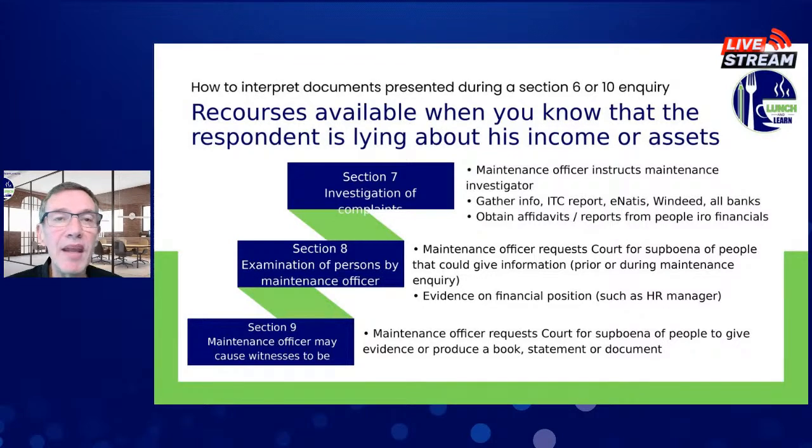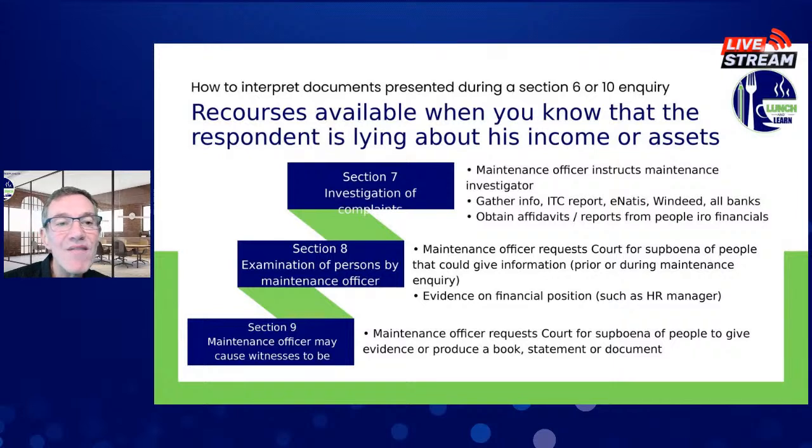So what would happen if you know that the respondent is lying? He does not have that. Or during the process with your cross-examination, you find out, you know what, this is a red flag. I want more information, or I suspect that he has other bank accounts as well.